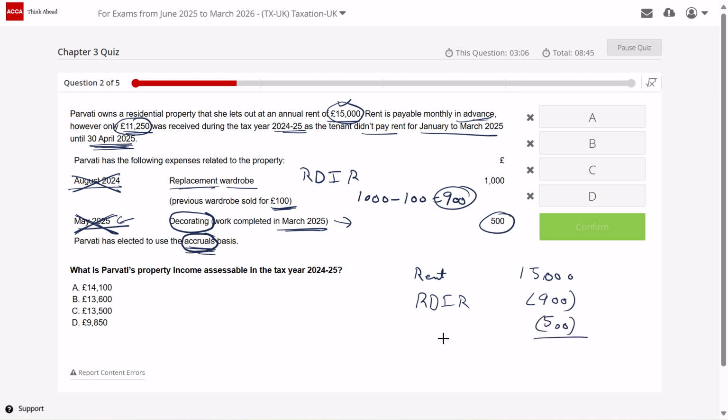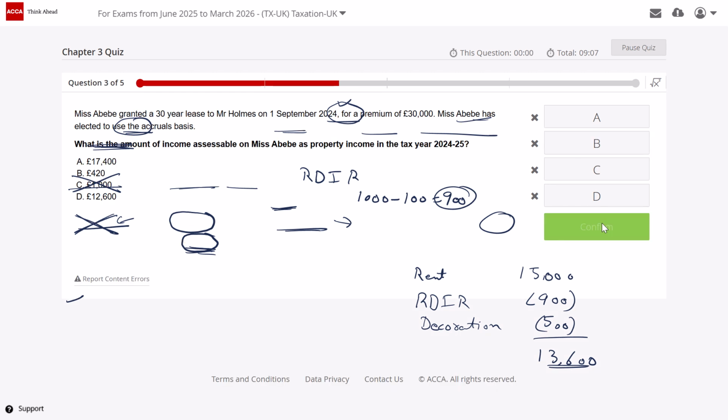So I will be deducting it as decoration expense. So Parvati's property income assessable for the tax year will be 15,000 less 900 less 500. That makes it 13,600 pounds. That is your option B. So I will click option B.